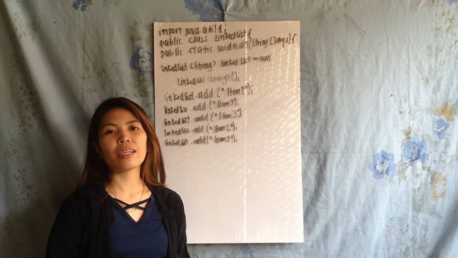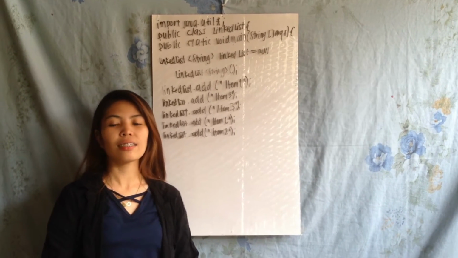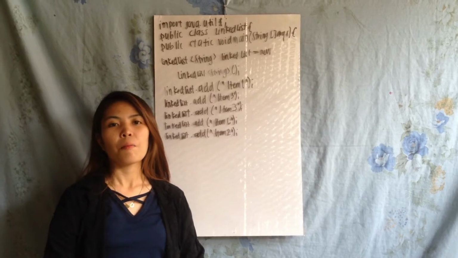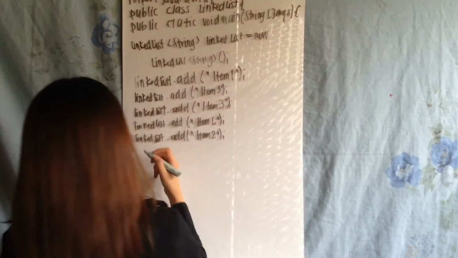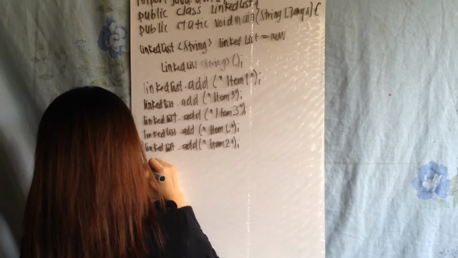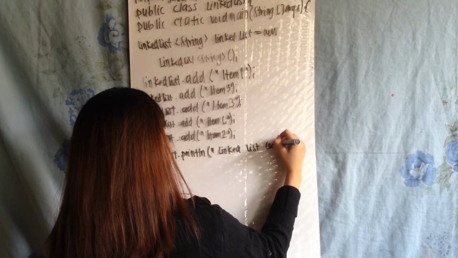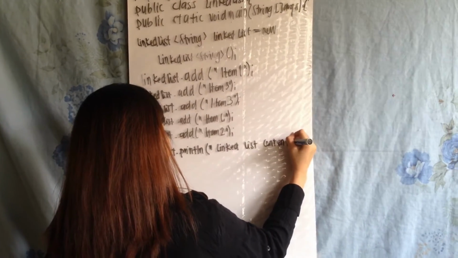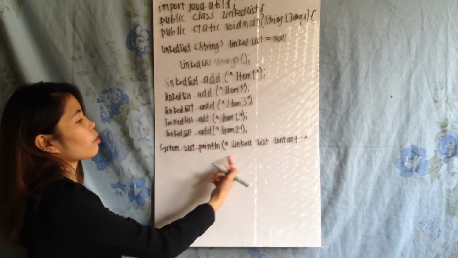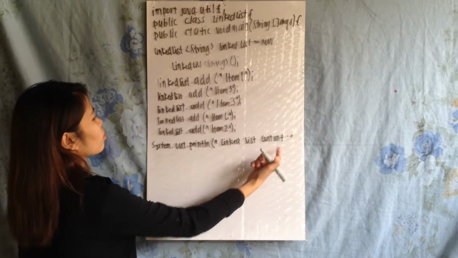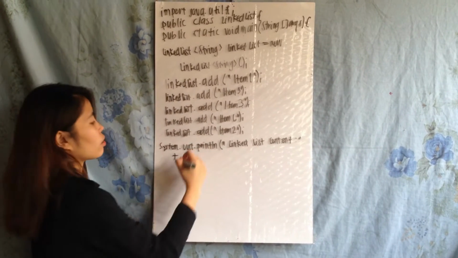So, para ma-display natin yung linked list content natin, gagawa tayo ng isang System.out.println para malabas natin siya sa output. System.out.println, linked list content plus yung variable natin dito, which is yung linkedList.